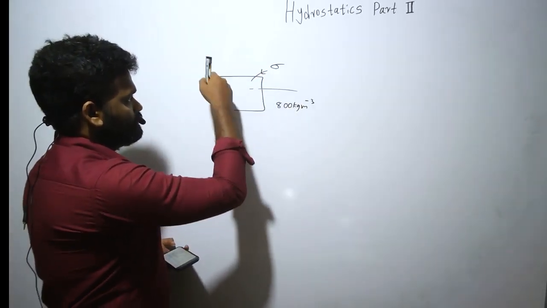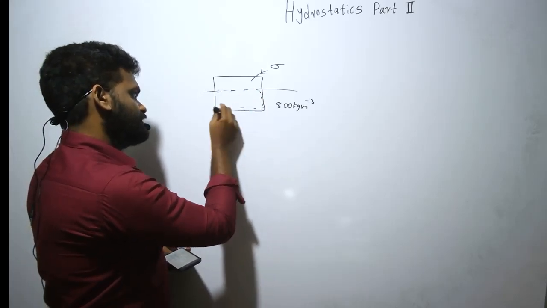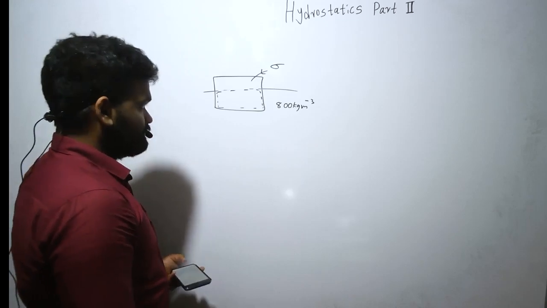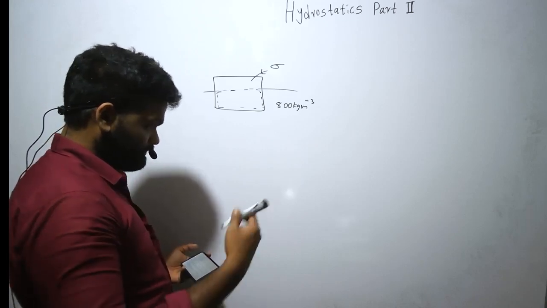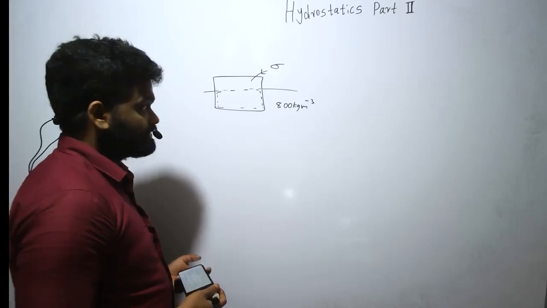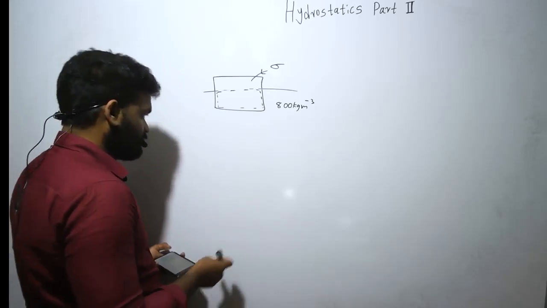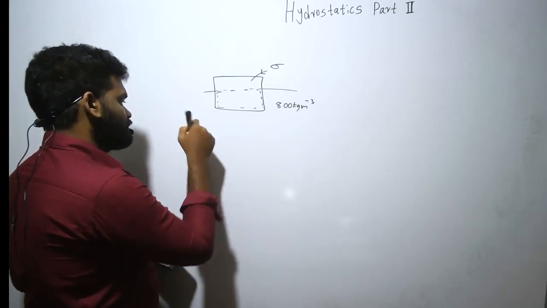So there are two volumes, the volume of the object and the volume immersed, or the displaced volume, right? The immersed volume fraction is given as 5/6. This is a similar question to the previous one.